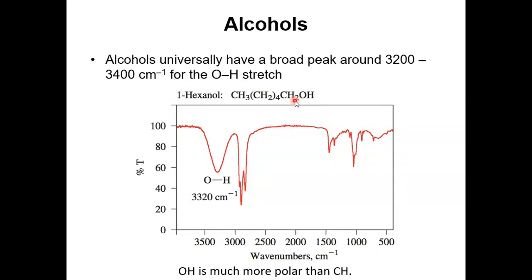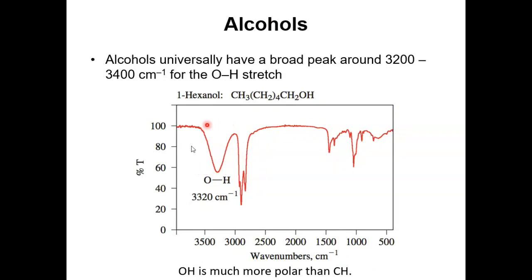If you look at the peak area of the OH stretching vibration, it is actually larger than that of the 13 sp3 CH bonds. See, these peaks are slightly below 3,000 reciprocal centimeters.